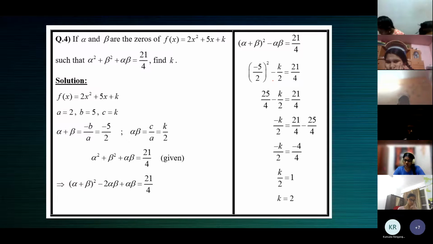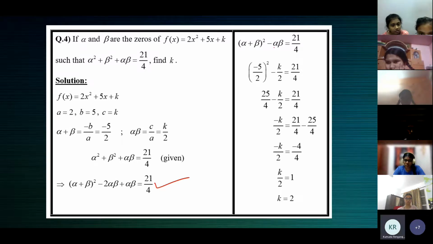I have written it as alpha plus beta whole square minus 2 alpha beta plus alpha beta, ma'am. Okay, you've written this one. Then I don't know how it came like alpha plus beta whole square minus alpha beta.